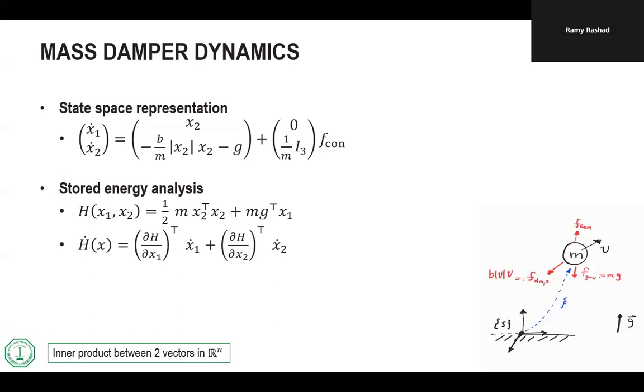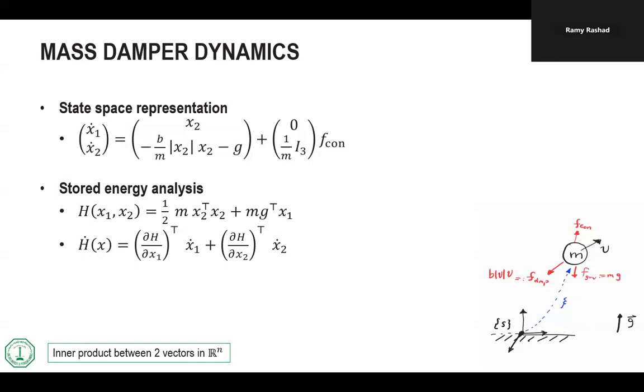But because these are vectors, we need to take some sort of inner product between these vectors in Rn. So x1 dot is the psi dot, so it's 3 numbers: x dot, y dot, and z dot, for example. Partial h by partial x1 is another vector, the gradient, and then you take the dot product between them. You do the same for the second state. Clear? Okay. Then how would you proceed?